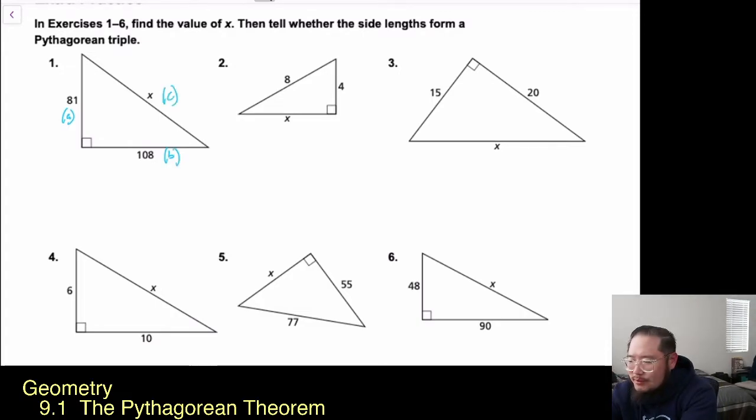So let's put this all together. I'll start off with 81 squared plus 108 squared is equal to c squared.